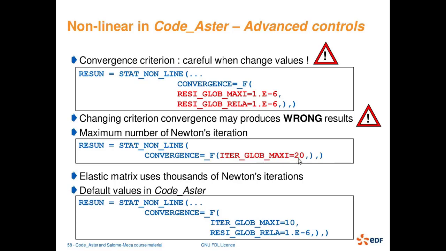You can increase it to 20, 30, etc., depending on the problem at hand. So these are some of the advanced controls we can use in Salome-Meca or Code-Aster in order to achieve a convergent solution.